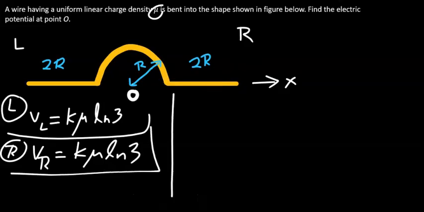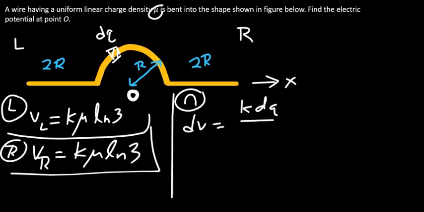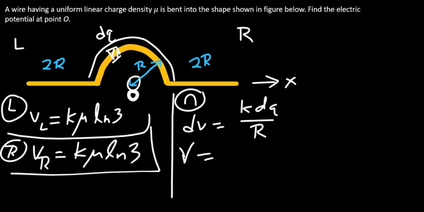Now the semicircle part. Let's again divide up the semicircle into a very small element, and let's call that element charge dq. So for that element, the potential it creates at that origin is k dq over the distance, which is just the radius of the semicircle, capital R. So the total potential that this entire semicircle produces at the origin is found by simply integrating the above expression.